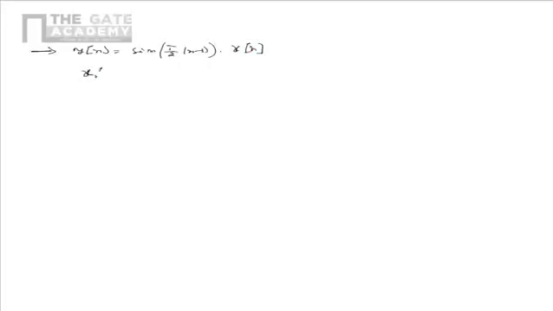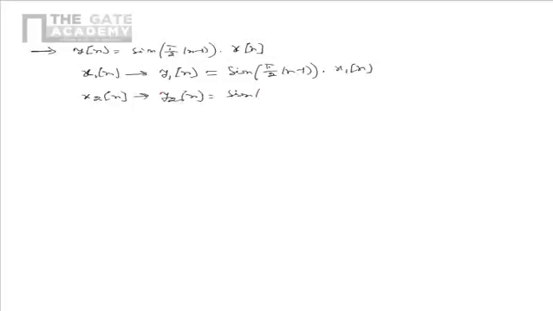When there is an input of x1 of n, the output of the system is y1 of n, which is equal to sine of pi by 2 multiplied by n minus 1 as a whole multiplied by x1 of n. Similarly, when there is an input of x2 of n, the output y2 of n is sine of pi by 2 n minus 1 as a whole multiplied by x2 of n.